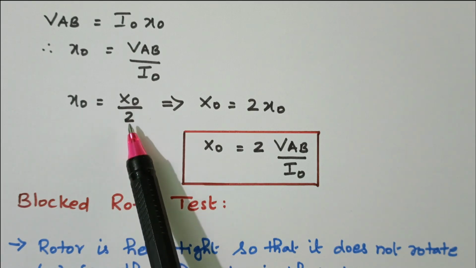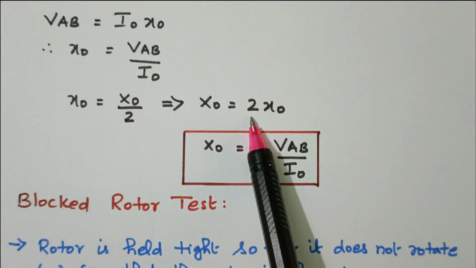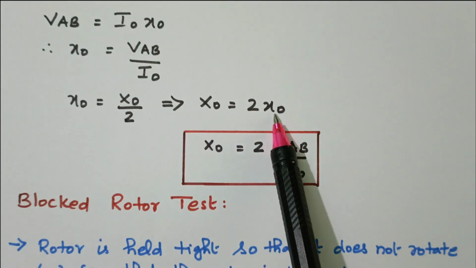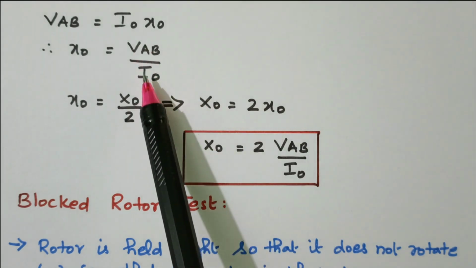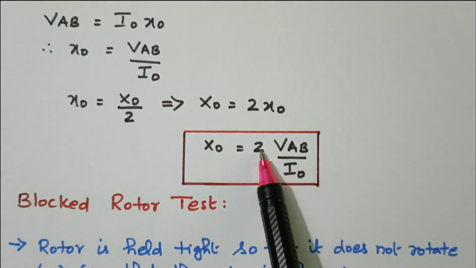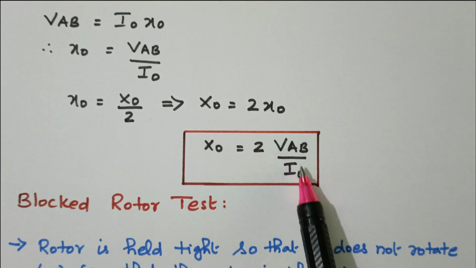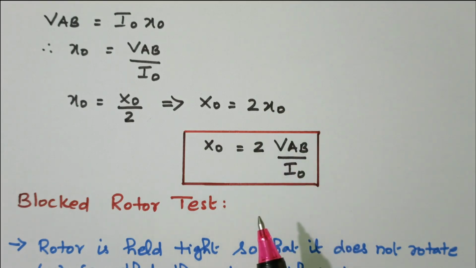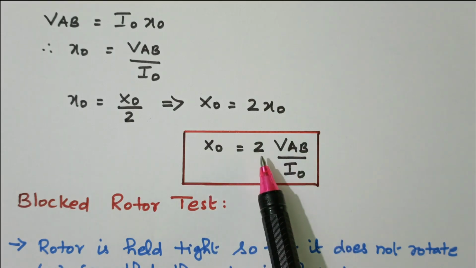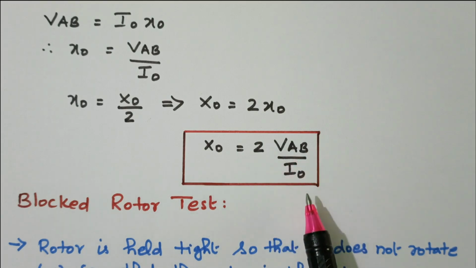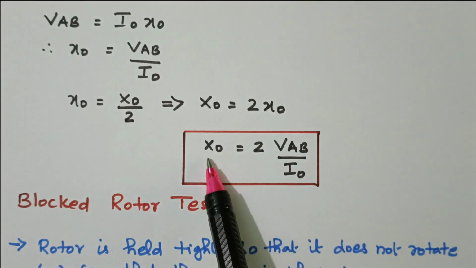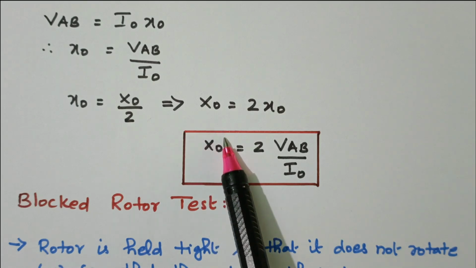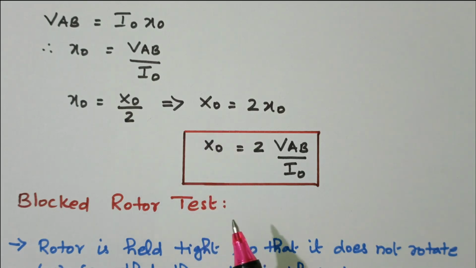From that, capital X0 equals 2 times small x0. This x0 is nothing but VAB by I0. So substituting, X0 equals 2 times VAB divided by I0. So we are able to find the X0 value by using the no load test.